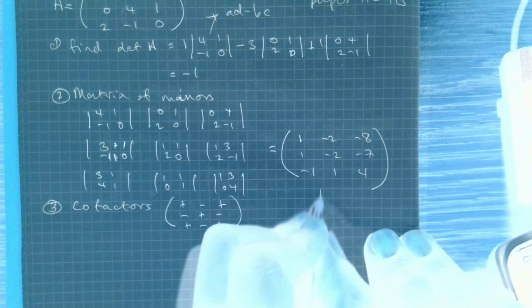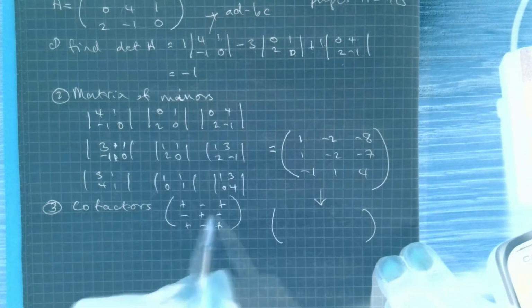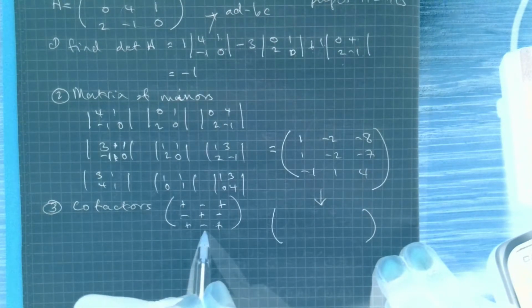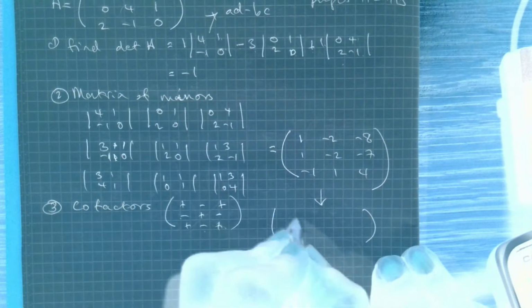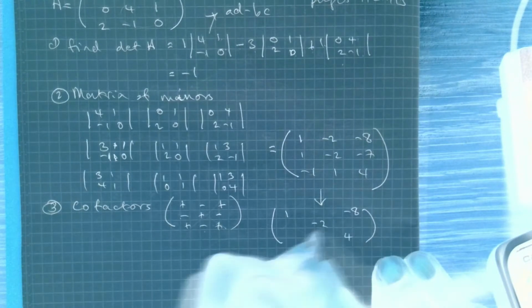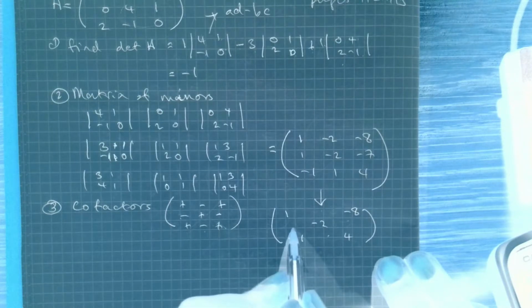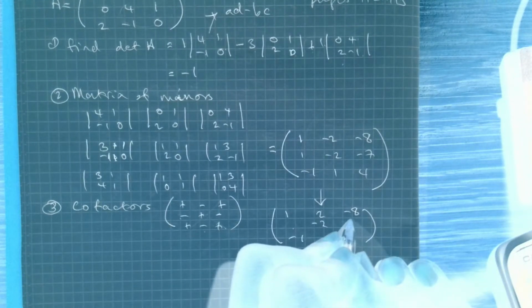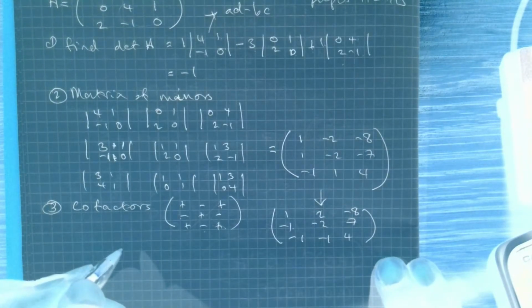So if we do that, it's only going to be these elements here which reverse sign. All the rest will stay the same. The ones in this cross pattern here, their signs will stay the same: 1, minus 2, 4, minus 8, minus 1. So I can write those down. But these four, I'll reverse their signs. So 2, 7, minus 1, minus 1. So that's the cofactors. That's step number 3.